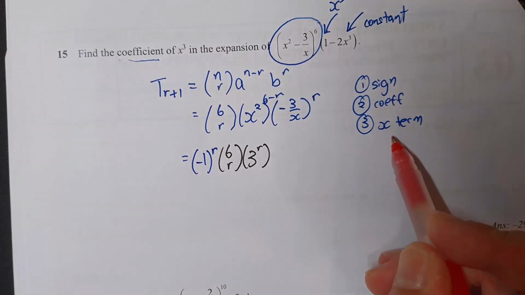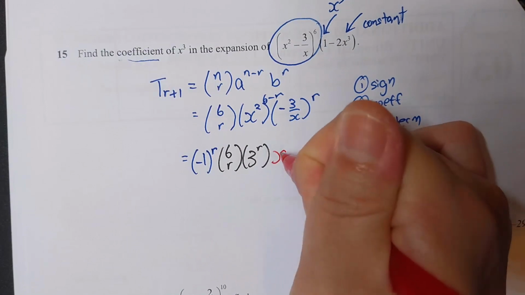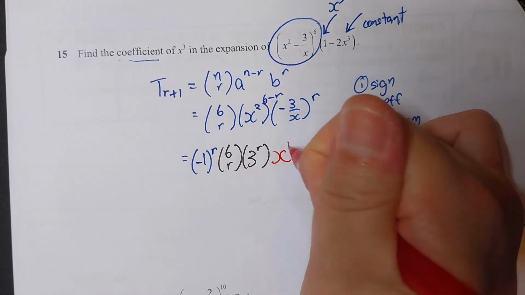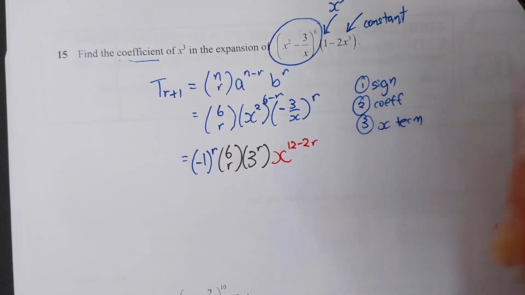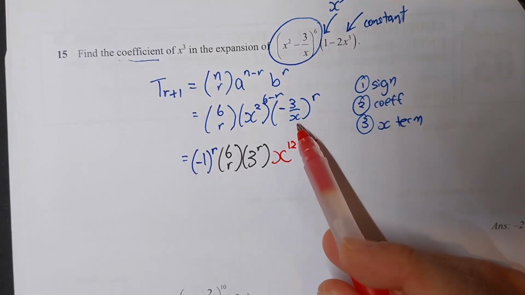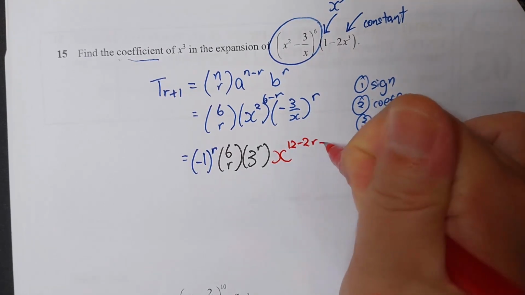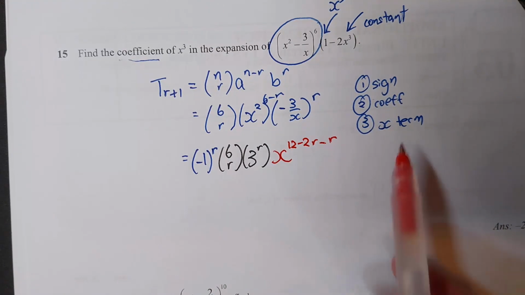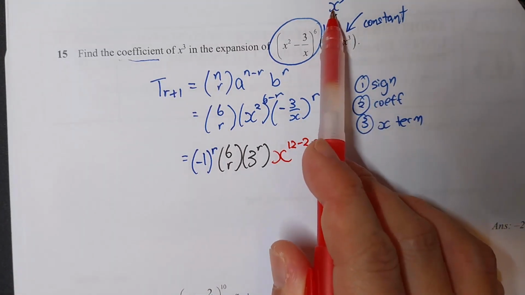Now let's look at the x term and let's apply a bit of law of indices once more. So we have x power 12 minus 2r. And remember, because we divide by x power r, since it's divide, we minus the power. And we want the x cubed terms.